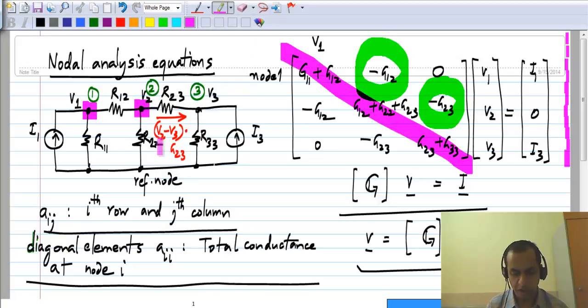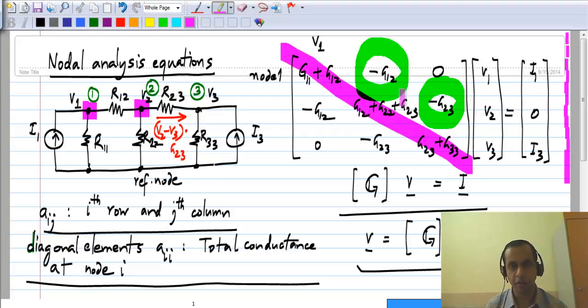Okay, so obviously we will have V2 times G23 that appears in the diagonal, and then minus V3 times G23, and this happens for every node. Okay, so if you look at any off diagonal term, it will have basically the negative of the conductance connected to that node. Okay, and that's exactly what we have.